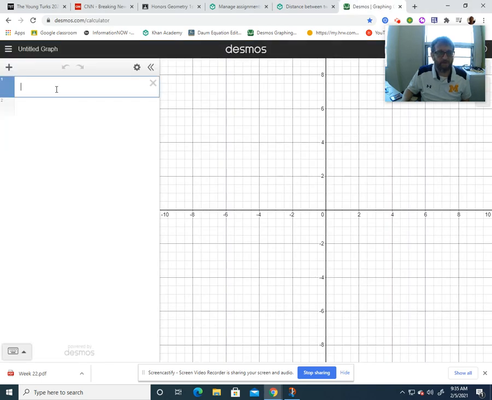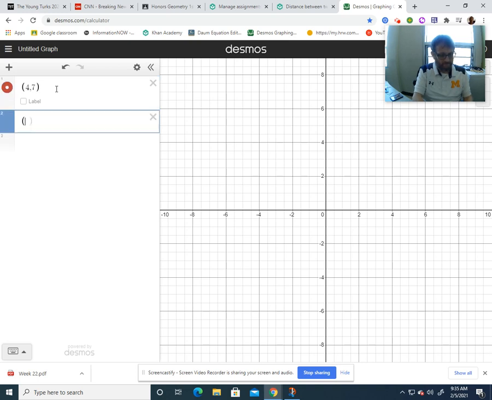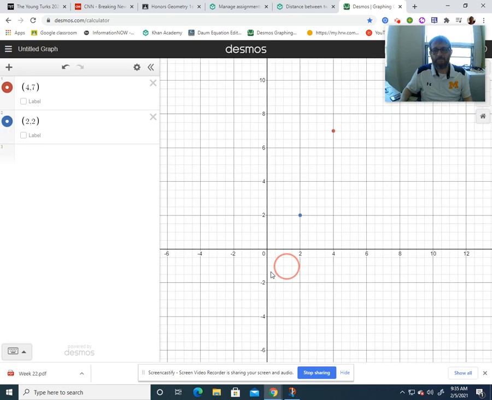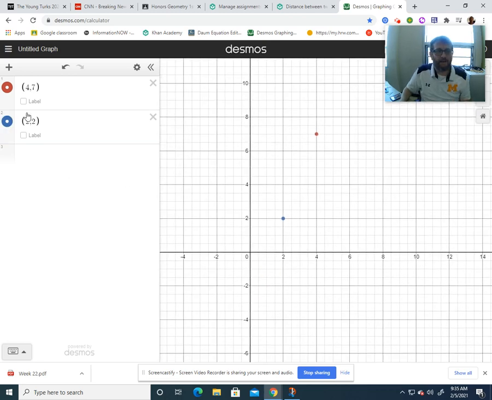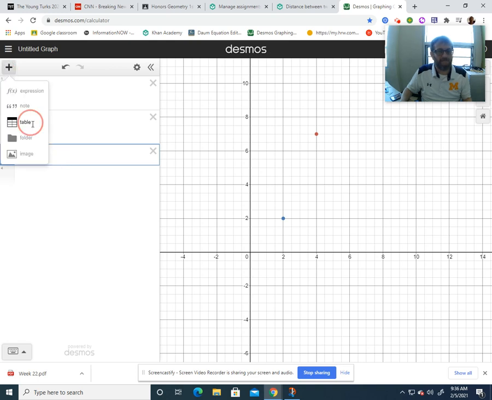I'm going to go over to Desmos because it's going to give me a nice picture. I'm going to plot the points (4, 7) and (2, 2). And right there's my picture. If I really want to, I can even make it draw a line. Let's go ahead and have it draw a picture just because I can.